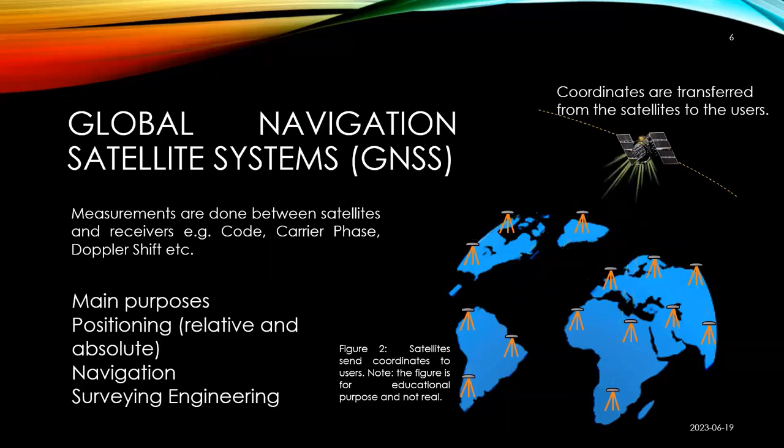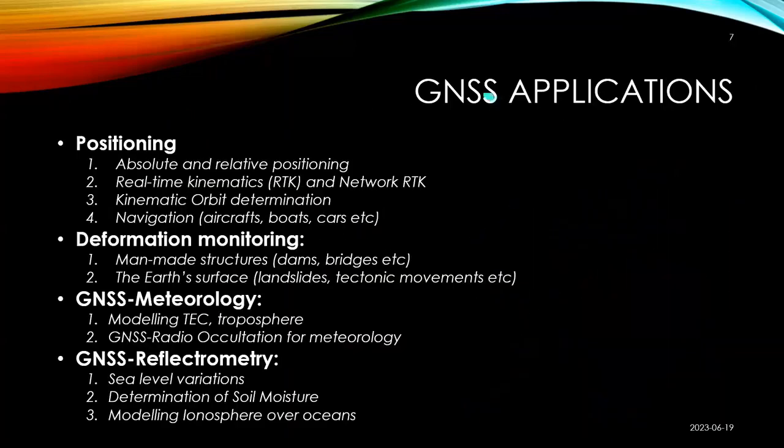The measurements, I think you all know about this. The GNSS system is very well known for code, carrier phase, Doppler shift, and others. There are other measurement types actually. But the main application, I would say, is positioning: absolute, relative, real-time, network RTK, kinematic, orbit determination, navigation.